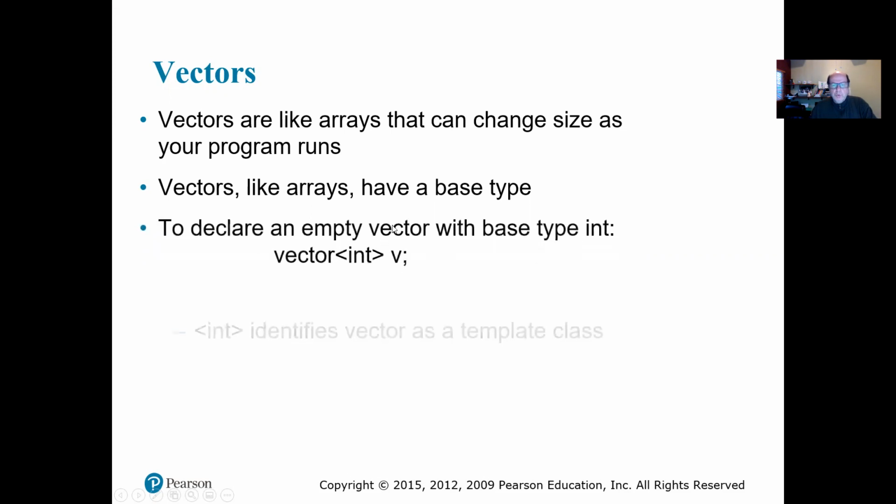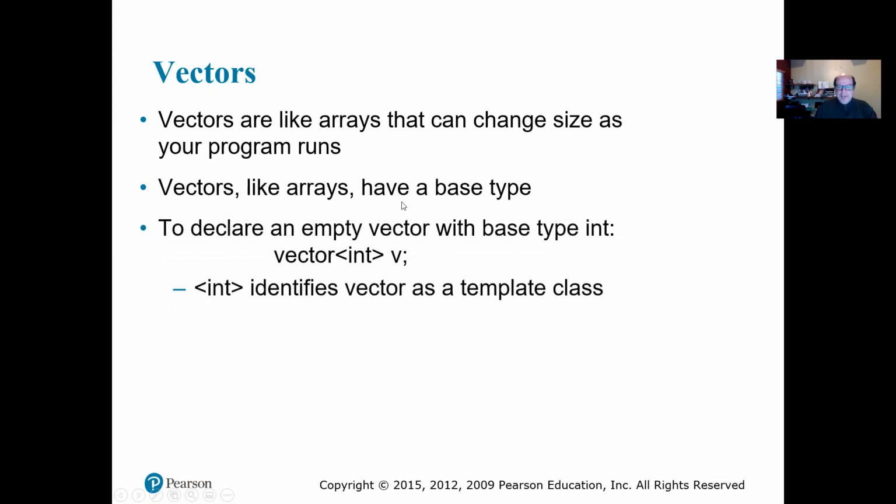So we need to have a base type. So what data type they have. So in this case, we are having int. These brackets over here are called a template. Hopefully in your future courses, you're going to be learning about templates and how they work.